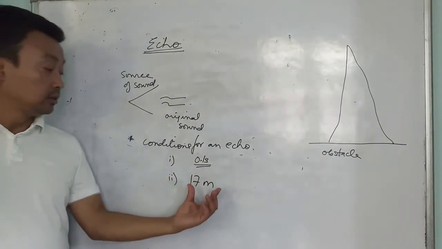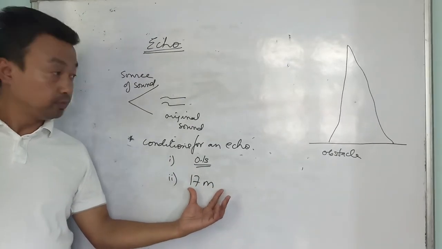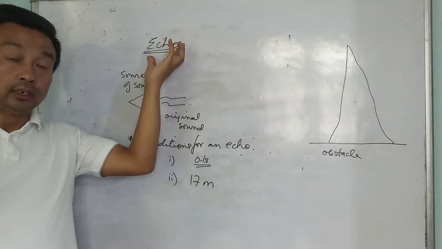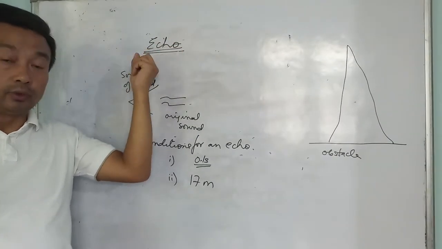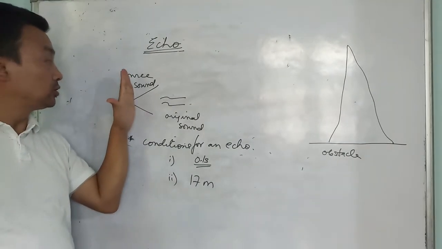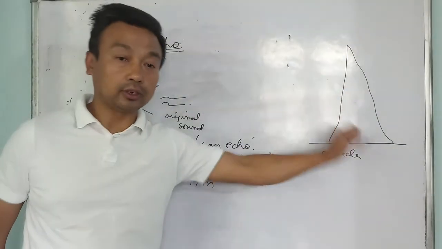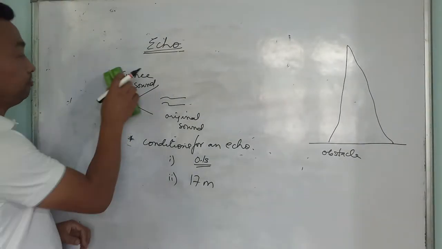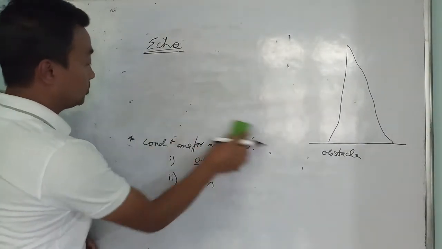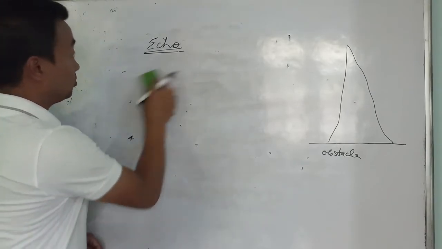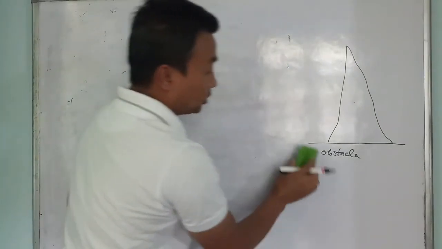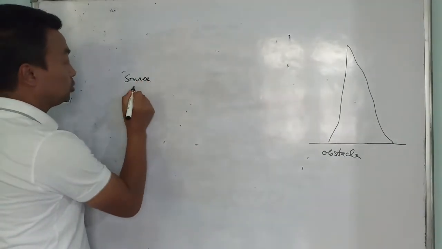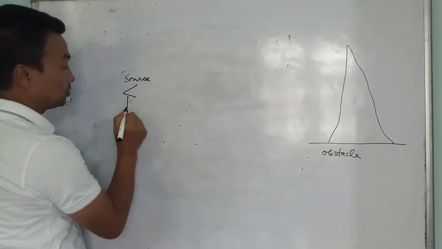Now we can find this out because we have a formula for echo. From there we can find the distance between the source and the obstacle. So now I'm going to derive that. We have a source of sound here, and the sound is produced.